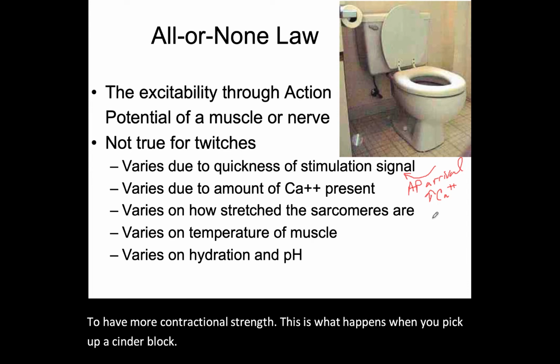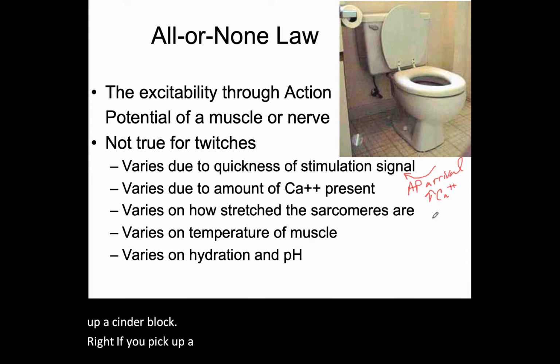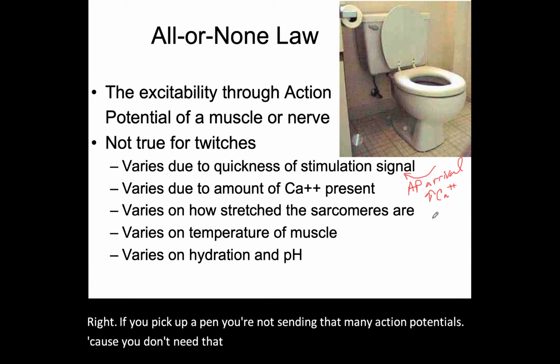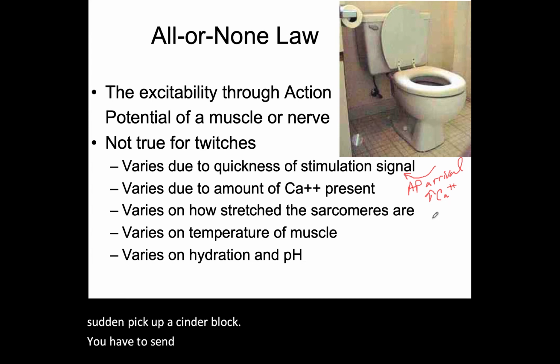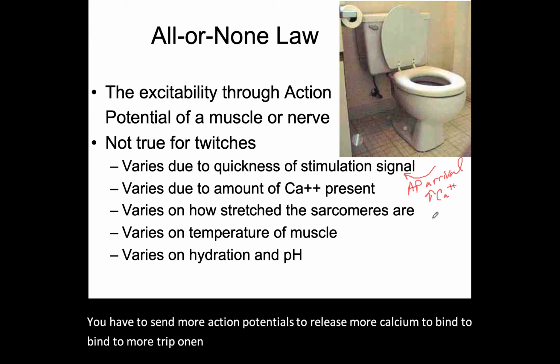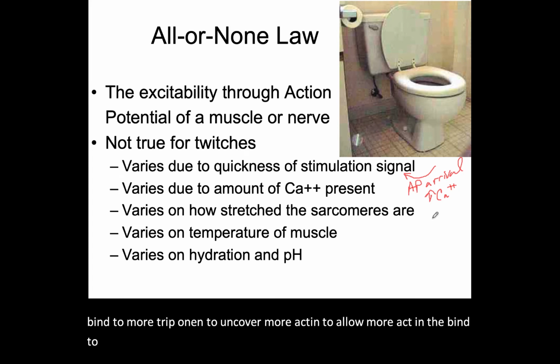Right? If you pick up a pen, you're not sending that many action potentials because you don't need that much muscle contraction. But if you all of a sudden pick up a cinder block, you have to send more action potentials to release more calcium, to bind to more troponin, to uncover more actin, to allow more actin to bind to myosin, so you can have more sarcomeres contracting.